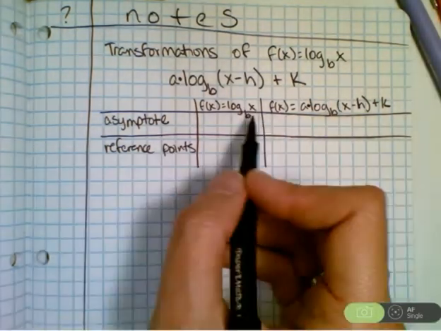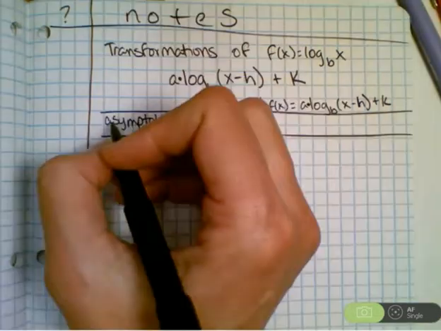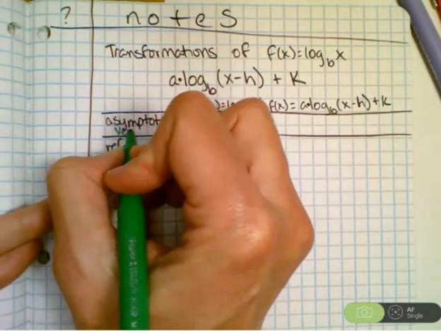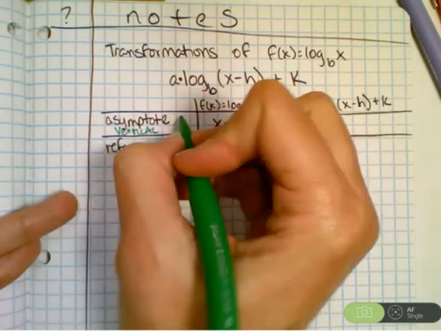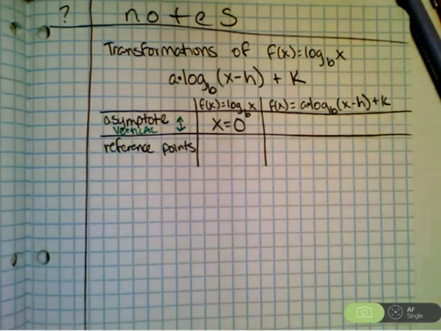So the asymptote, if it's just log base b of x, the asymptote is at x equals 0. Oh, I should have put in here that this is a vertical asymptote. So it goes up and down instead of left and right.